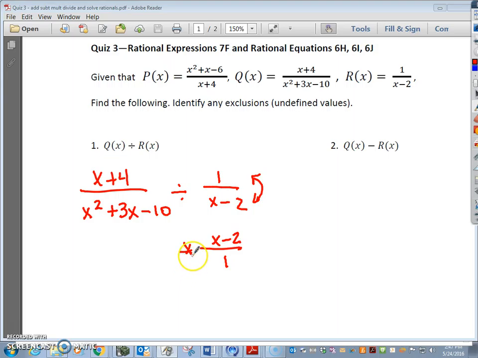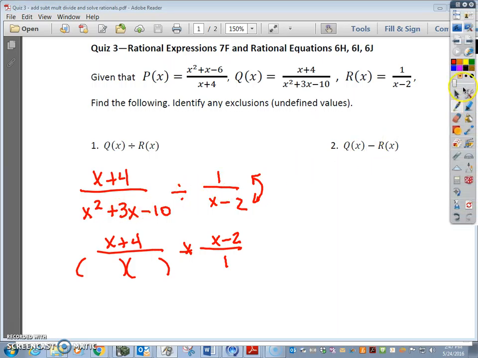Now, before I write this one down, more than likely something's going to cancel out. The x plus 4 is on the top. That one I cannot reduce, but look at the bottom. The bottom is x squared, it's a quadratic. If I see a quadratic, it is very likely that I can factor it. So how do we factor this? We're going to look for the two factors of negative 10 that add up to 3.